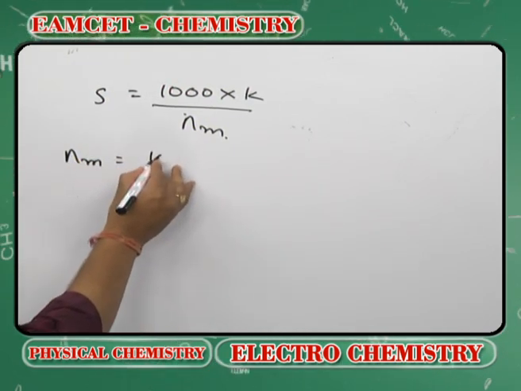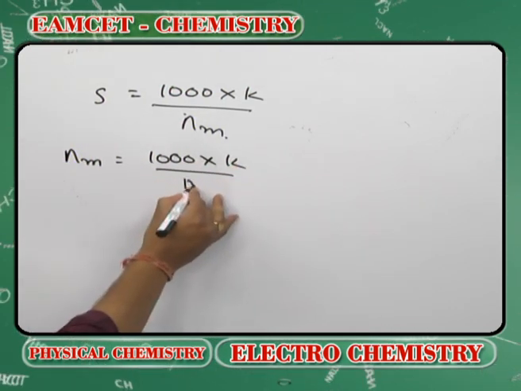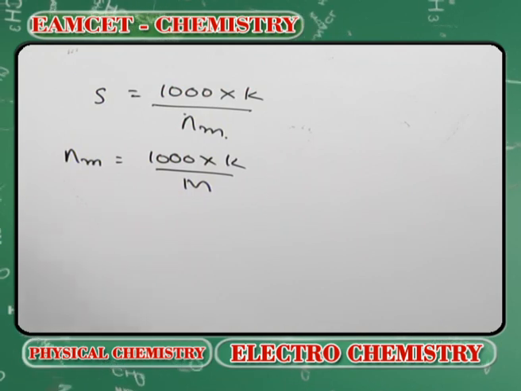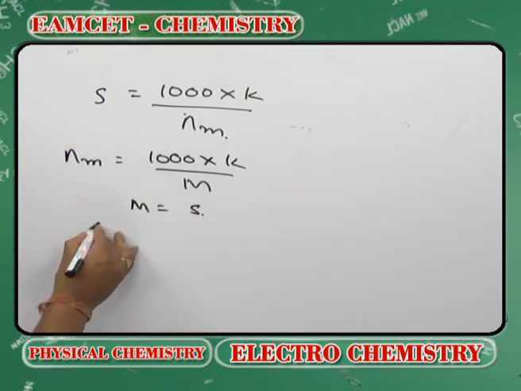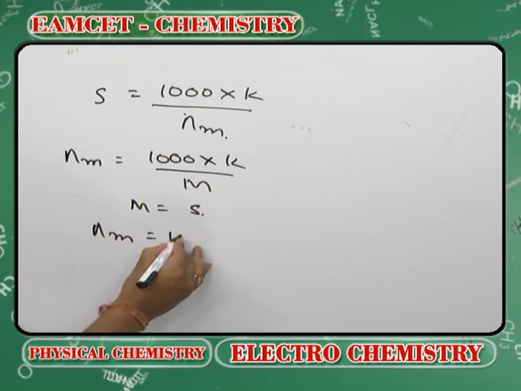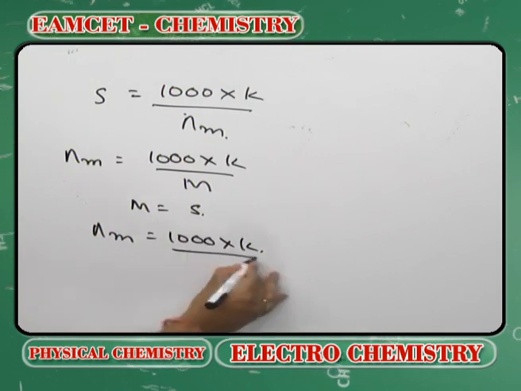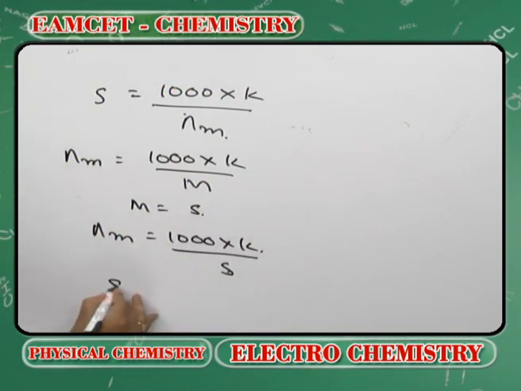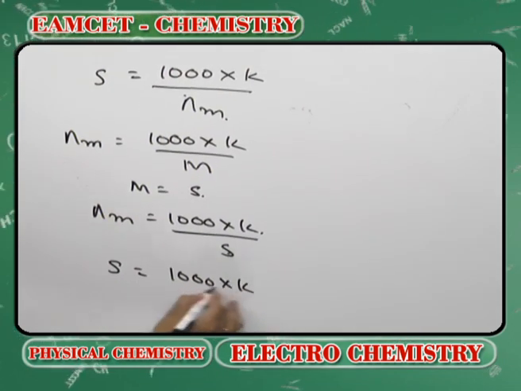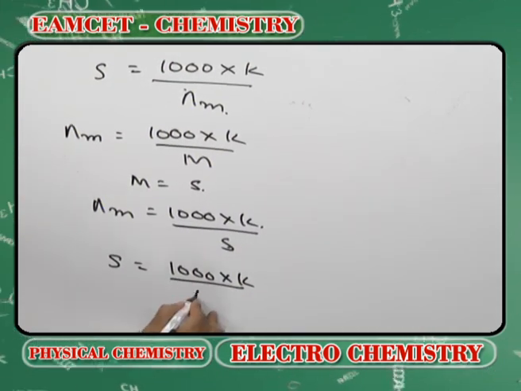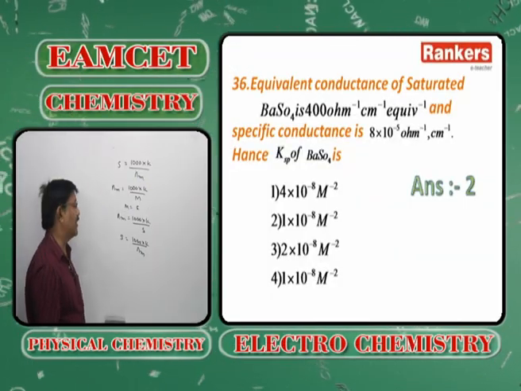Molar conductivity is equal to 1000 into K by molarity. For sparingly soluble salts, molarity will be equal to S. So lambda m will be equal to 1000 into K by S. S will be equal to 1000 into K by lambda m. Now they have given us the equivalent conductance.